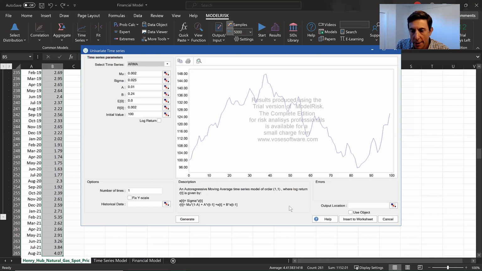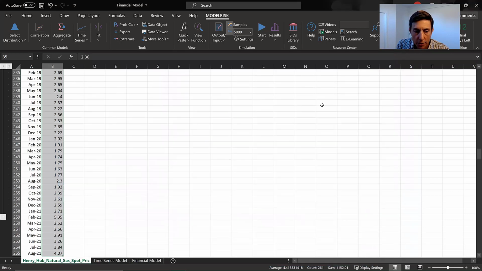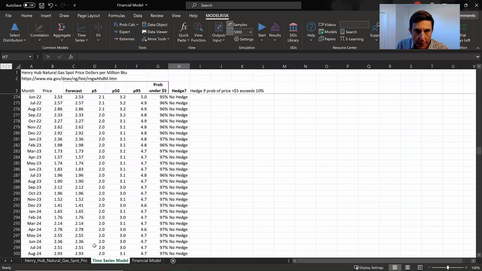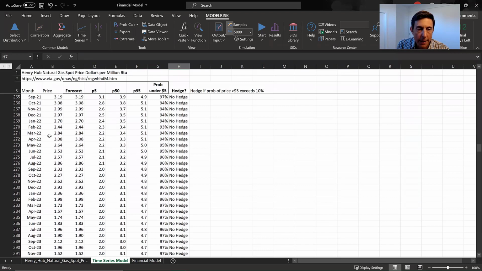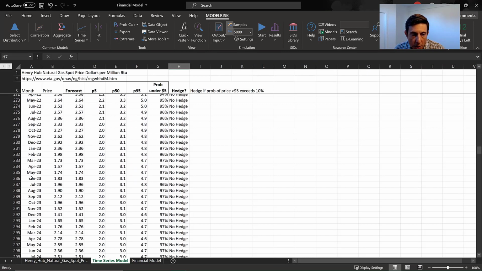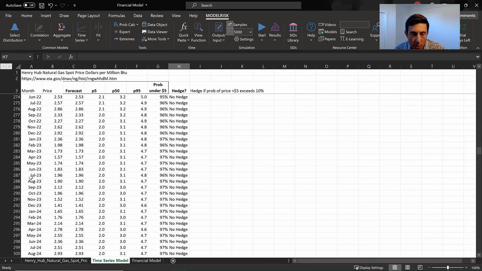So we select the model and we insert into the tool where we want to forecast. So in my model, I want to forecast for the next 5 years. My forecast starts in September, and I do it for the next 60 months, all the way to 2026. I produce a forecast.